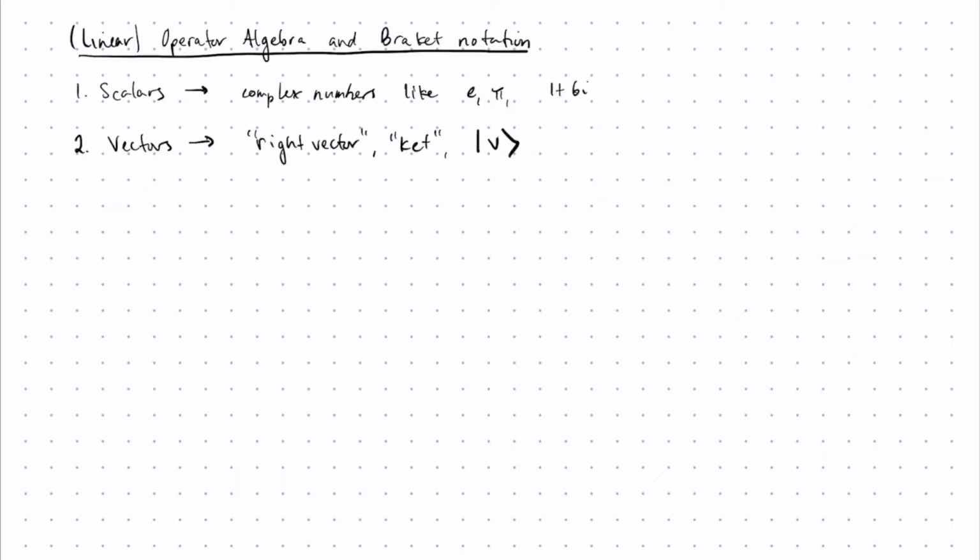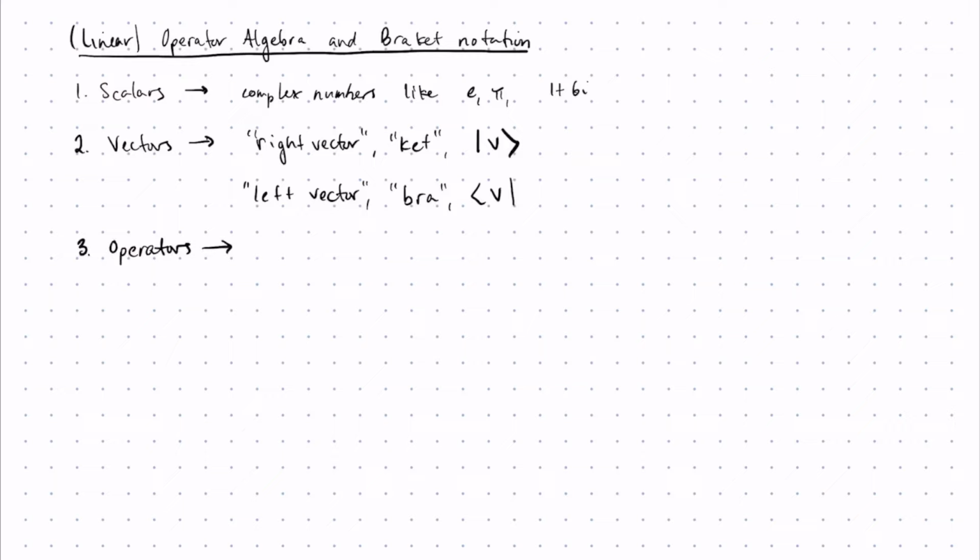On the one hand, you have right vectors, or ket vectors, and these will be written with a vertical bar, and then the symbol of the vector, and then a closing right angle bracket. On the other hand, you have left vectors, or bras, and these are written the other way around. So now you have an opening angled bracket, the symbol associated with the vector, and then a vertical bar.